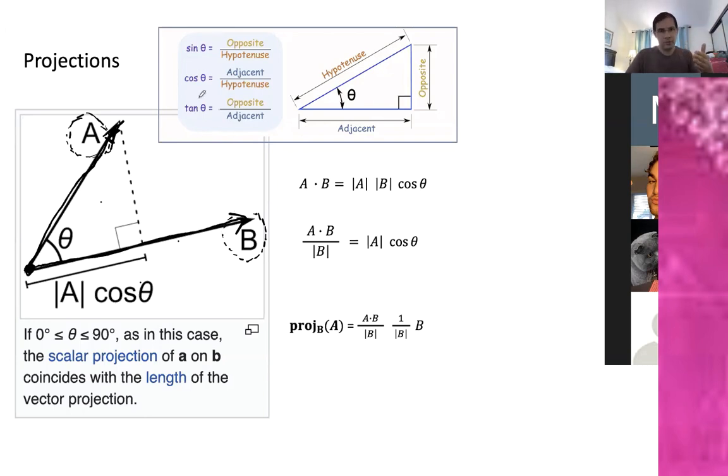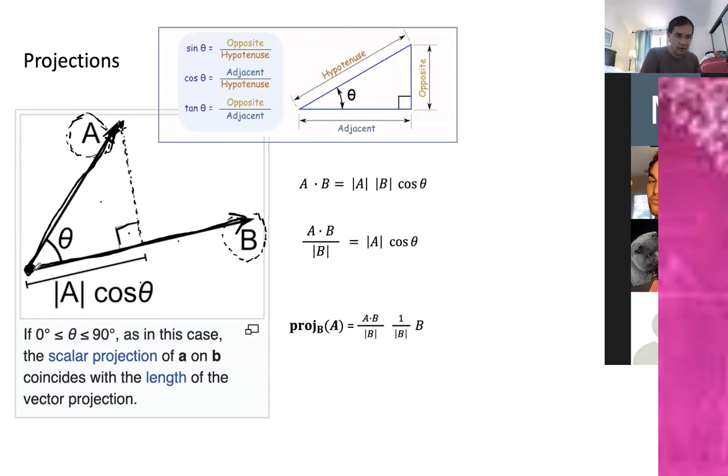When we say projection, we always think of orthogonal projection. There are other projections as well, but there will be no ambiguity because we won't be talking about other projections. When we say projection, we mean orthogonal projection. So the orthogonal projection of A onto this vector B is simply that we take this point and project it onto this line, but we do so in the orthogonal way, meaning that this angle is exactly pi over 2.